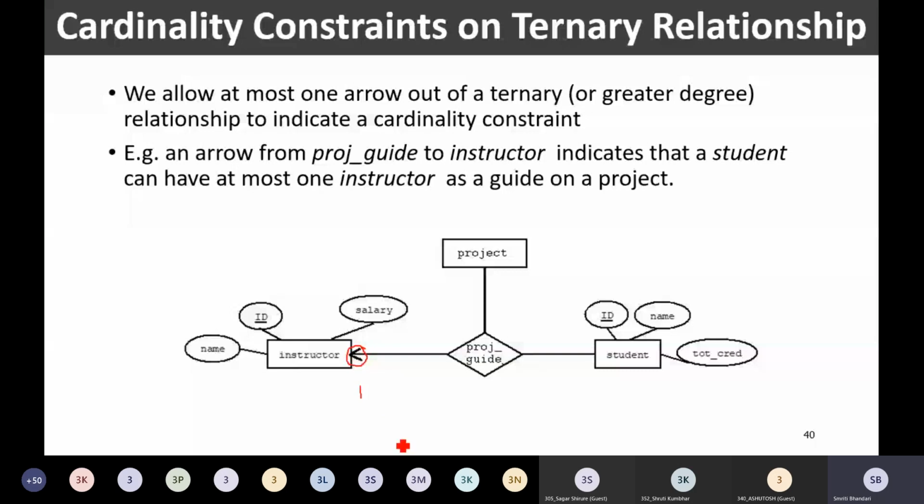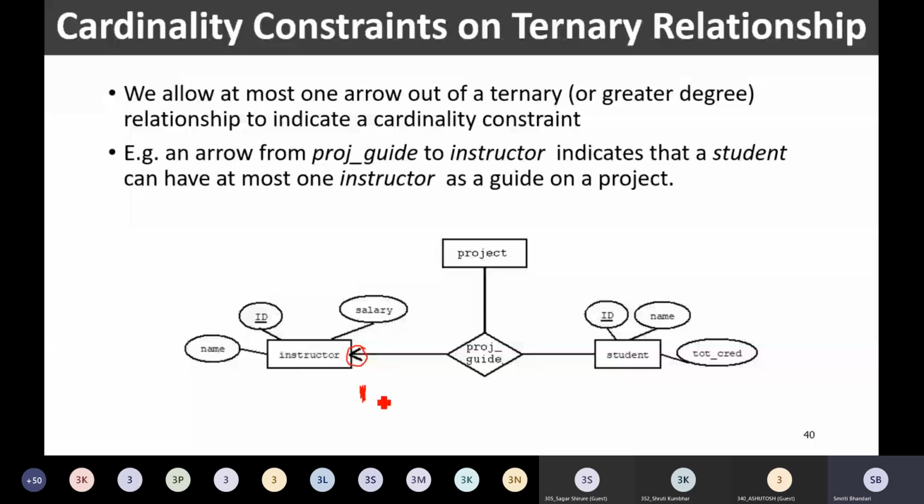So if I'm having a ternary relationship, usually, I'm saying usually, not always, we allow at most one arrow out of the ternary relationship. So we are having here the arrow towards instructor, right? So this arrow indicates 1. This arrow indicates the cardinality, that is 1.